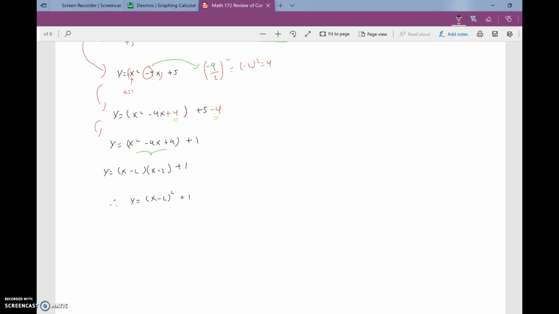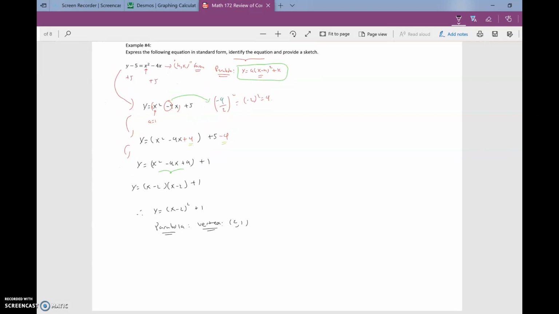In this case, this is a parabola. The actual vertex is going to be at (2, 1).